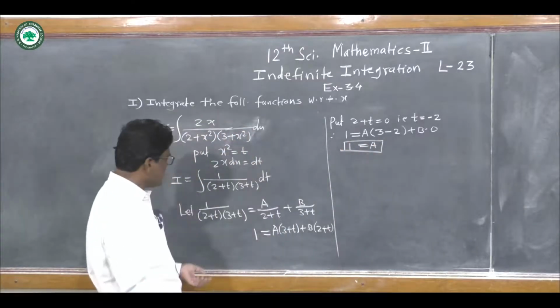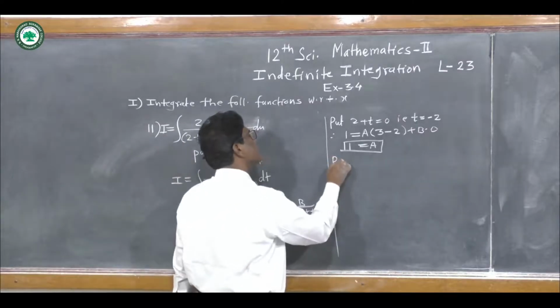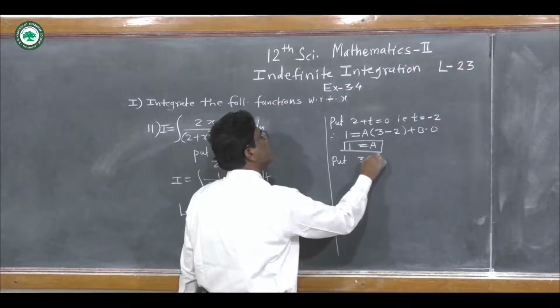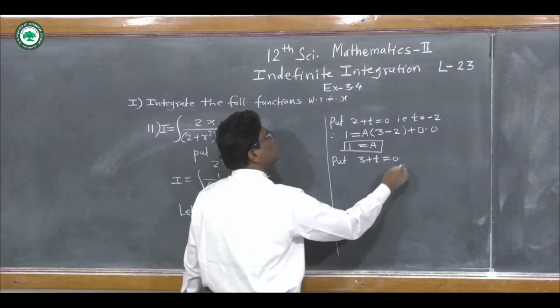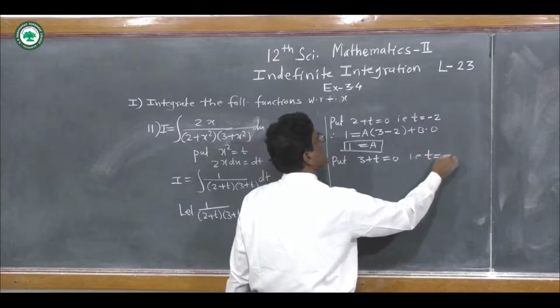Now we put the second factor, 3 plus t, equal to 0, that is t is equal to minus 3.